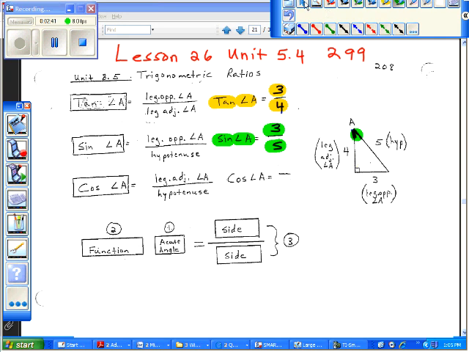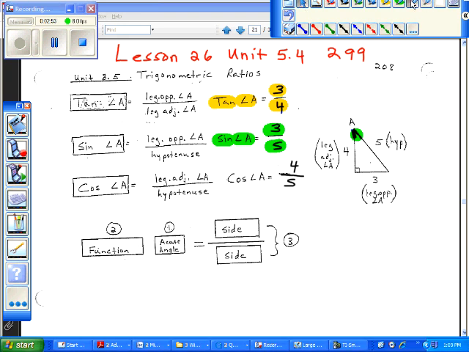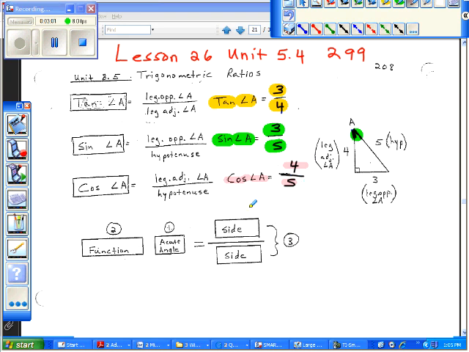All right. And then we know that the cosine was the length of the leg adjacent to the A, which was the 4 over the hypotenuse 5. So cosine was 4/5. And again, we're seeing that we have some function of an acute angle is equal to one side over another.